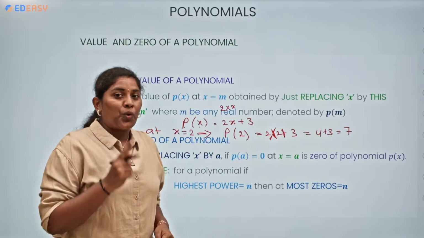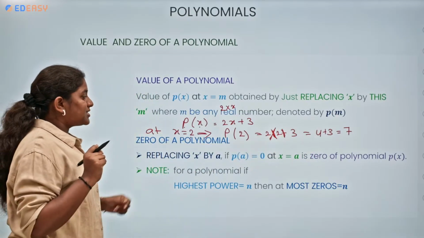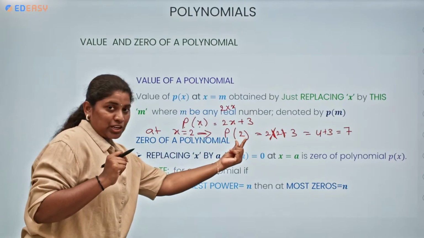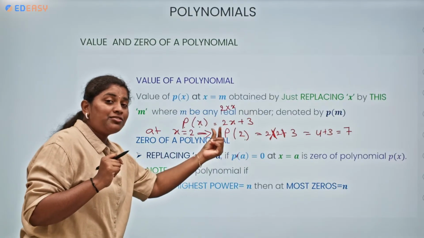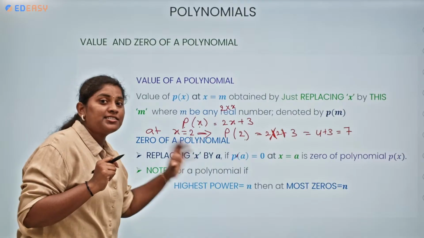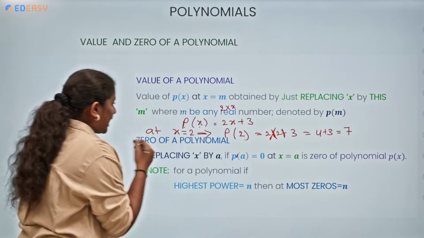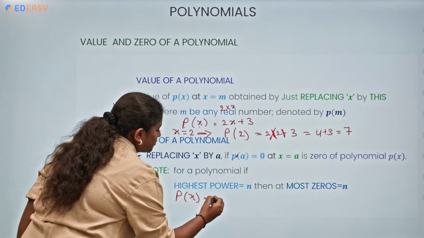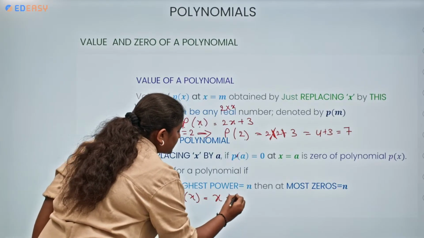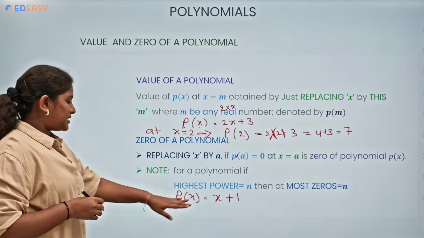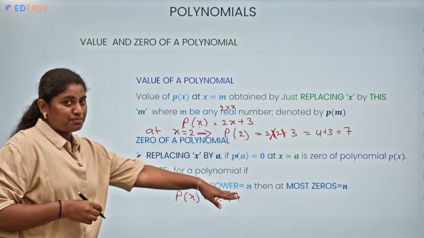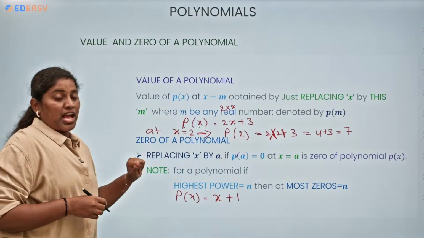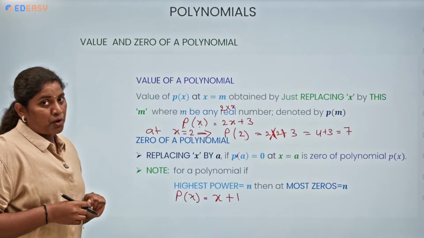Now, what is the zero? Zero means if you take a value and you get the value of the polynomial as 0. For example, I am having p of x equals x plus 1. A simple example. Now I need to find the zero of this polynomial.